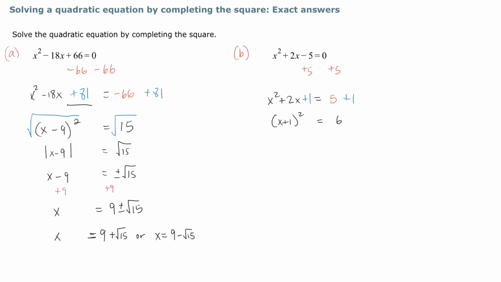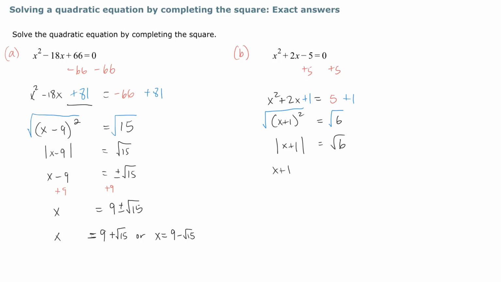And use the square root principle. We now have the absolute value of x plus 1 is equal to the square root of 6. Now, how do we solve an absolute value equation?